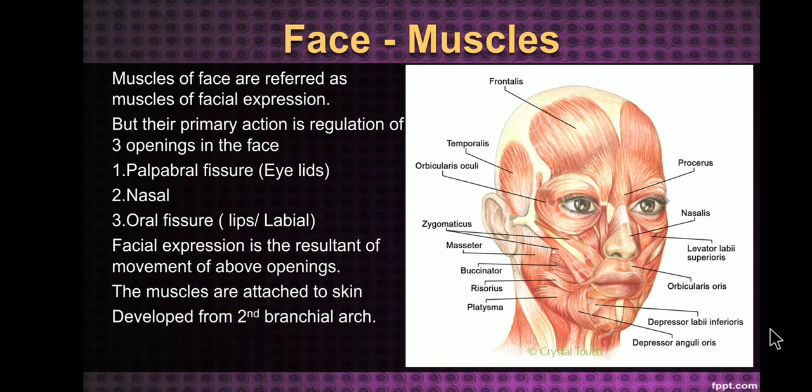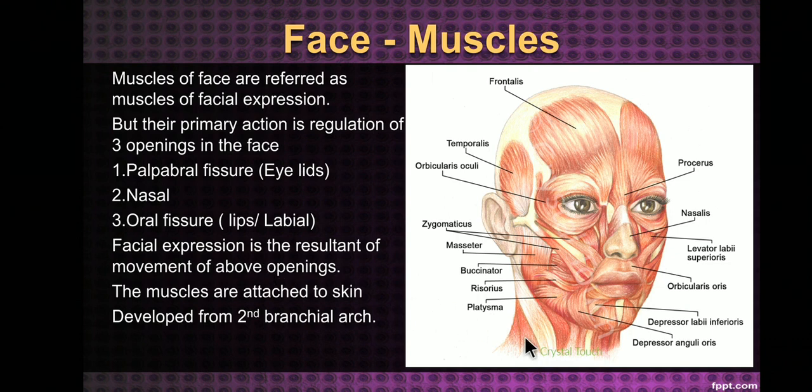All these muscles are attached to the skin and they develop from the second branchial arch. So they overgrow the first arch. The first arch gives rise to your mandible and the muscles of mastication. The second arch only gives rise to these facial muscles.